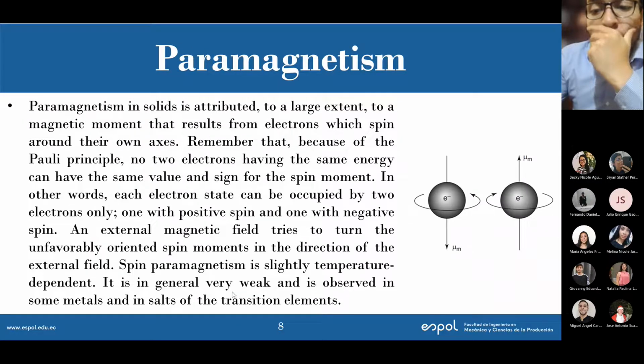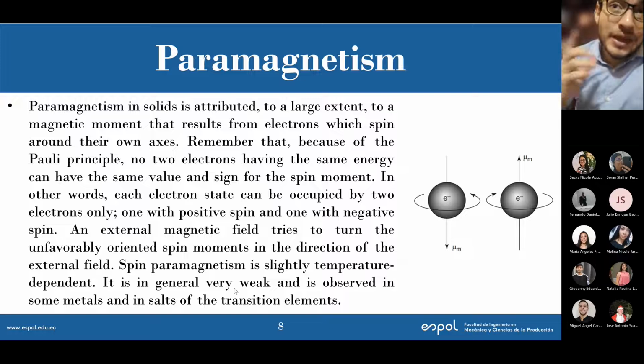Okay. Let's go to paramagnetism. So, paramagnetism is attributed to a magnetic moment that is generated as a result of electrons spinning around their own axis.